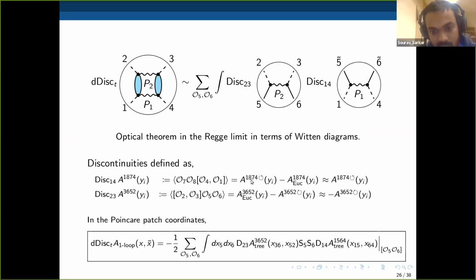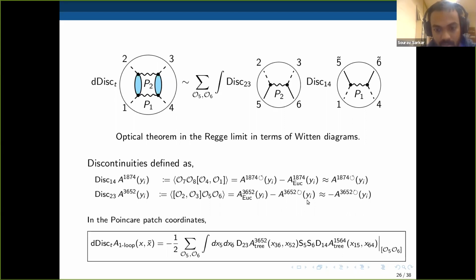Okay, so I was here. This discontinuity is the difference between the correlator on the Regge sheet and the correlator with this mixed ordering, which is on the Euclidean sheet. And in the Regge limit, the correlator on the Regge sheet dominates. So the discontinuity is approximately equal to this Regge sheet correlator, and the other one is equal to minus the Regge sheet correlator.